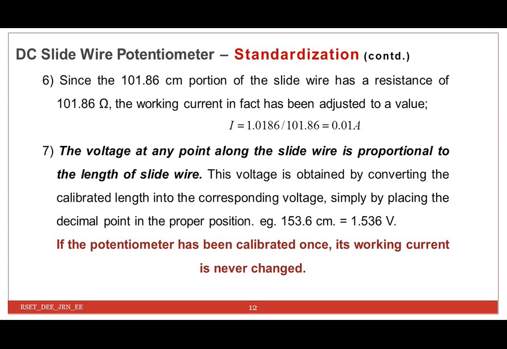Suppose you are getting null deflection for 153.6 centimeter, then the unknown voltage stands as 1.536 volt. Now, if the potentiometer has been calibrated once, its working current is never changed. That's also very important. So, this is regarding the standardization. While conducting an experiment on a DC slide wire potentiometer, the standardization or calibration is the first step, followed by the measurement.